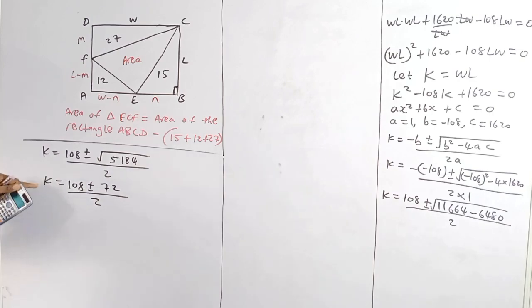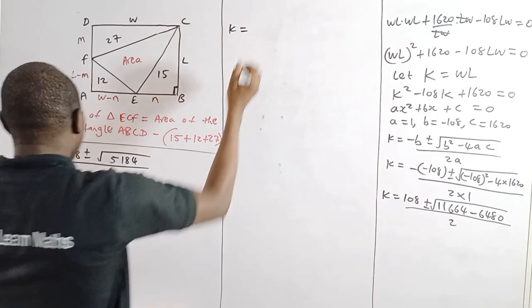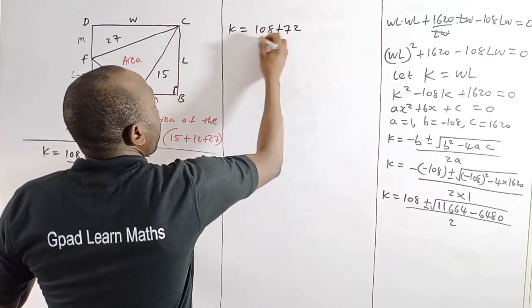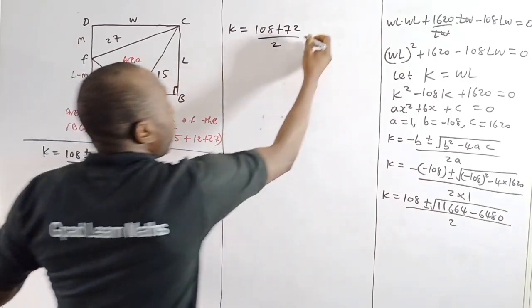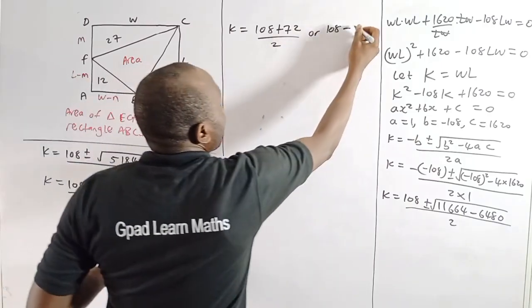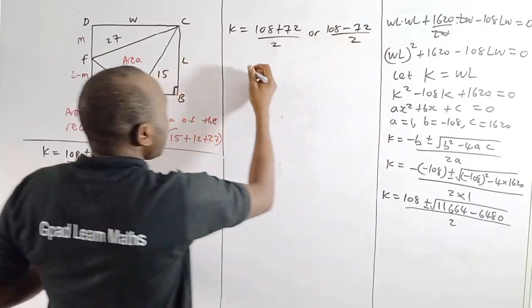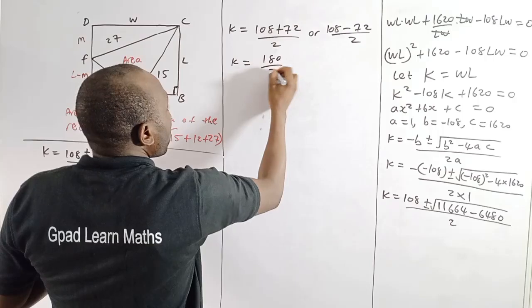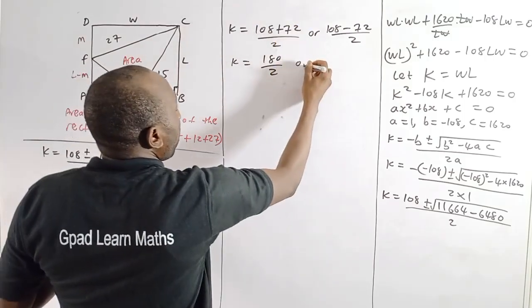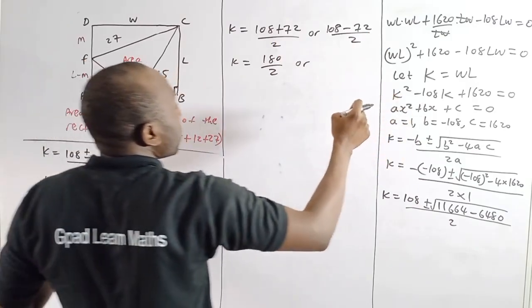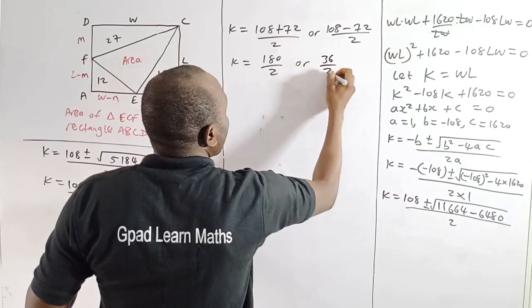Now what does this mean? It means that K is equal to 108 plus 72 over 2, or 108 minus, because this is plus or minus, minus 72 over 2. So K is equal to, this is 180 over 2 when you add 108 to 72, or 108 minus 72 is 36, then over 2.